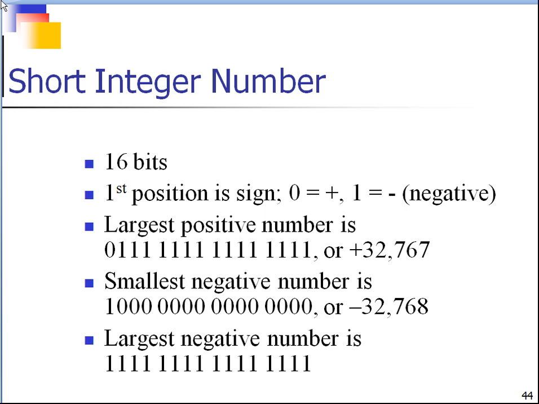On the other hand, the smallest negative number is a 1 in that position, followed by a whole bunch of 0s, and that is negative 32,768. Now, here's something we'll explain later: the largest negative number has a 1 in the leftmost position, followed by a whole bunch of 1s. We'll talk about smaller and largest negative numbers later.